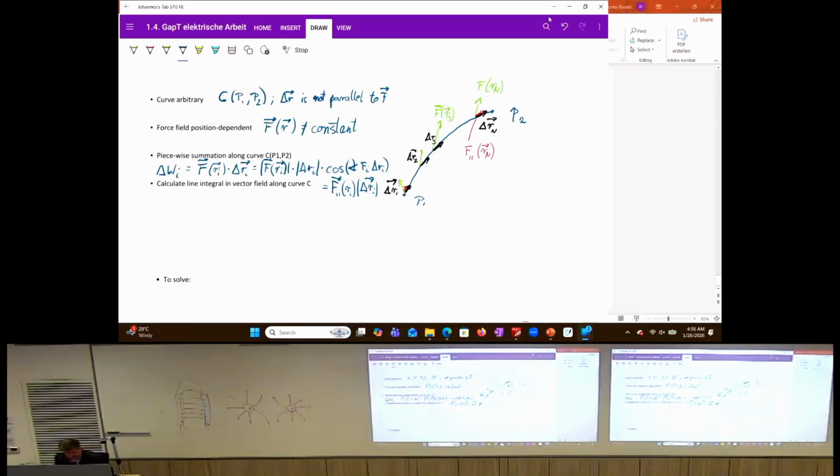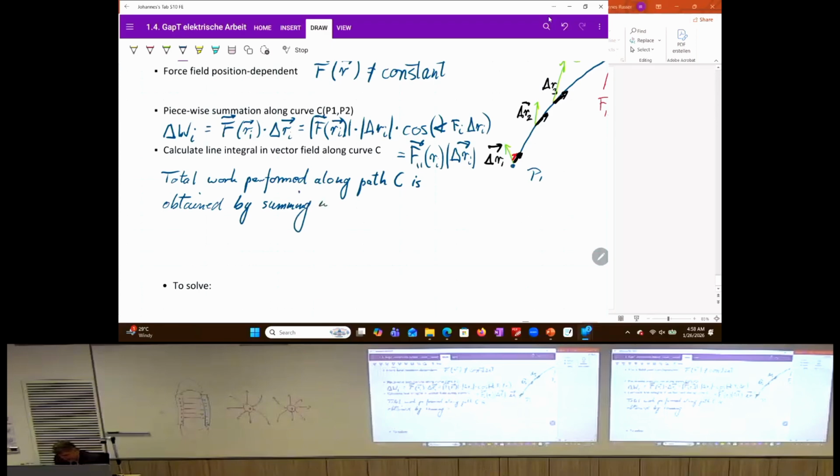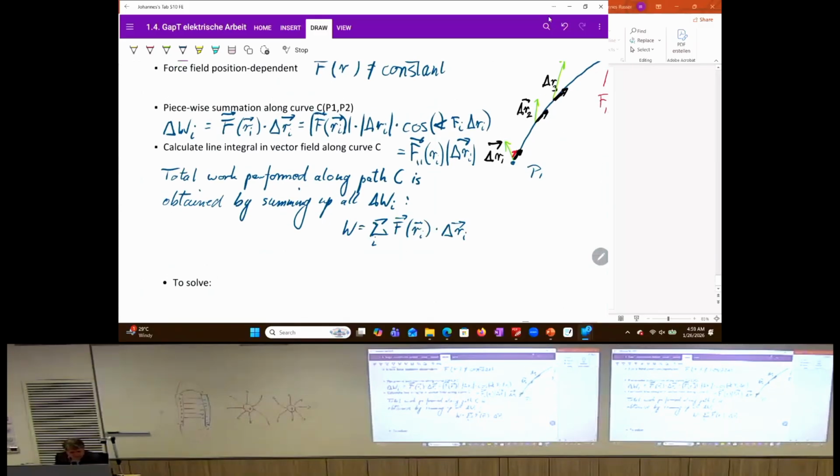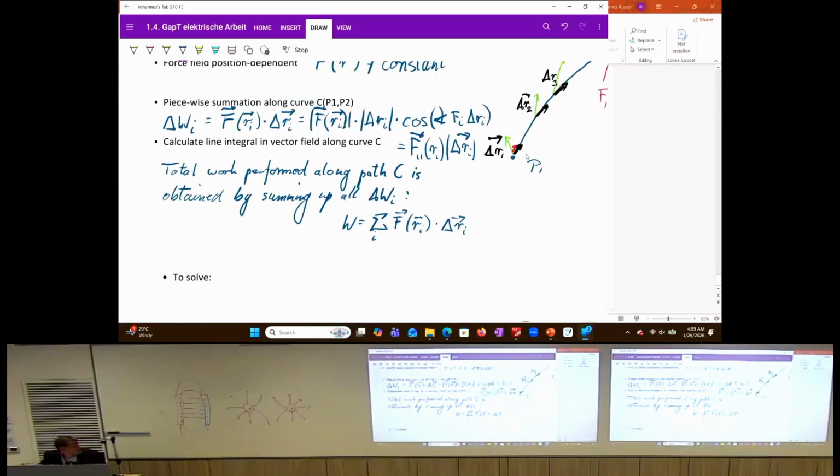So the total work performed along path C is obtained by summing up all delta W sub i. So what do you do now to get an accurate result? You see here on that curve, each element is a delta r sub i, and you obtain the force at this position.